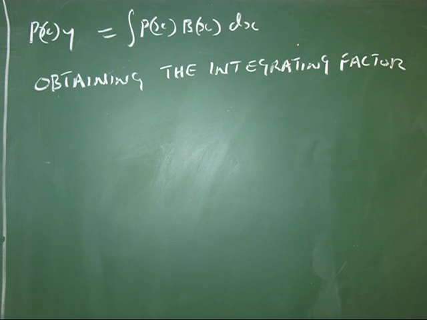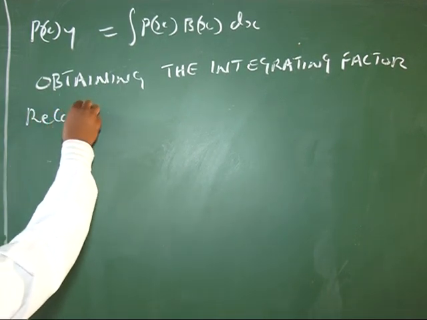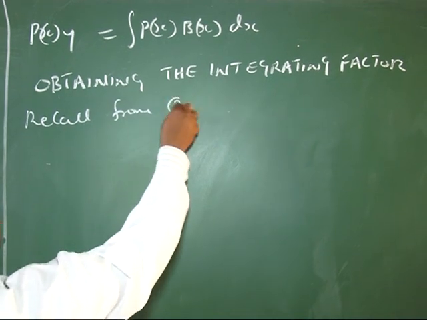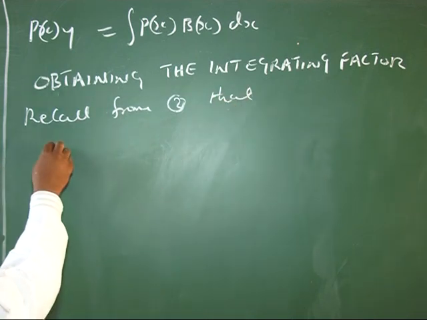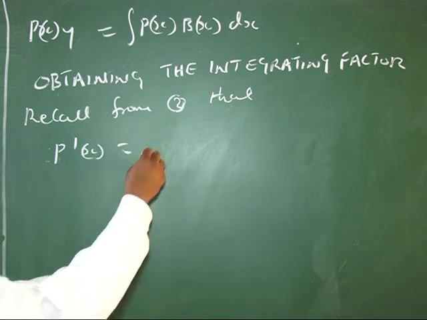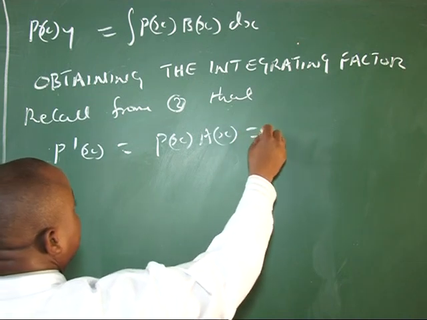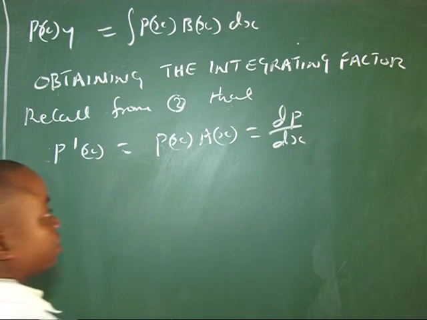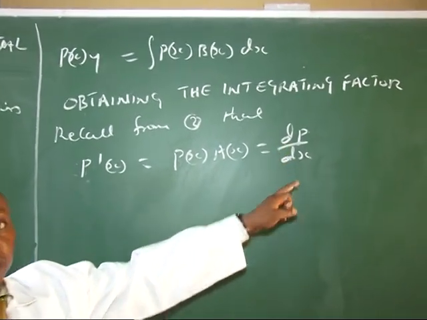We now look at equation 2. We recall from 2 that p prime of x is equal to p of x times a of x. p prime of x is the same as dp/dx.